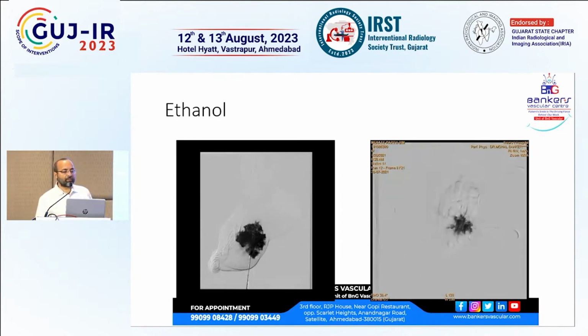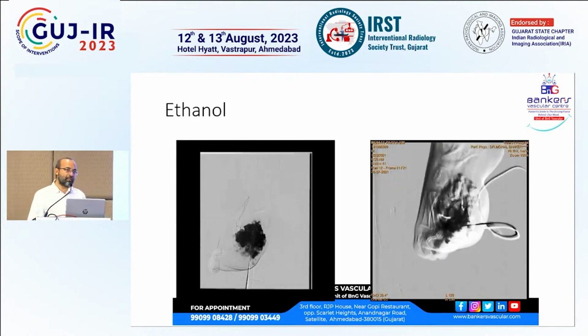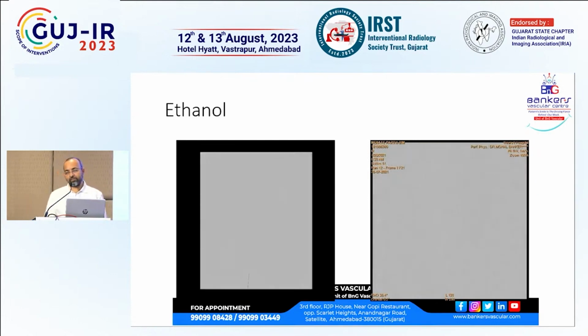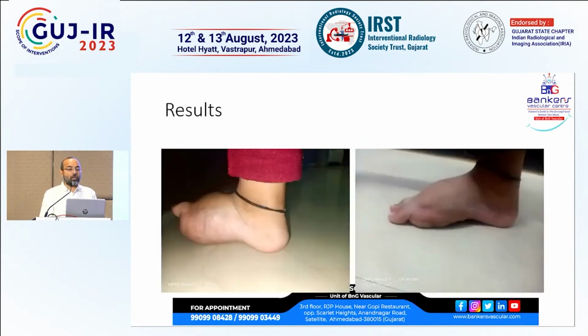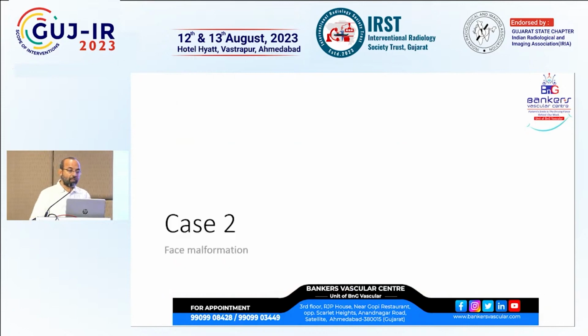First we do this angiography and define the volume of this nidus, and then I inject the ethanol according to the flow rate and according to body weight, and also we have to take care of other phenomena. So now you can see over here, left hand side, there is a huge swelling, and post procedure there is a significant swelling reduction, and the patient is very happy. Now his walk is also improved and no pain.